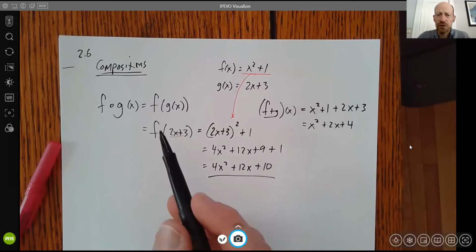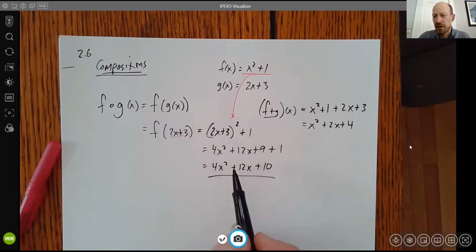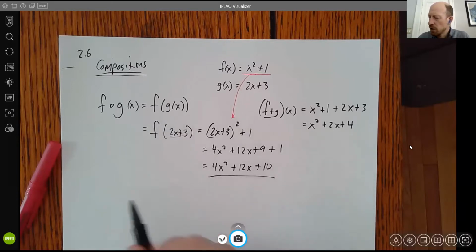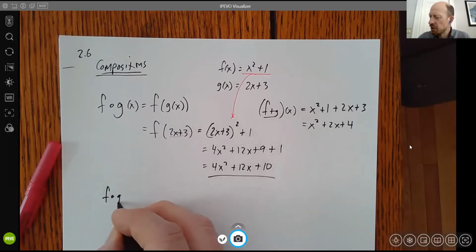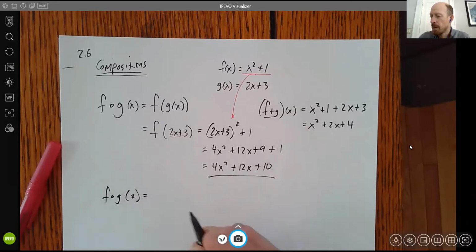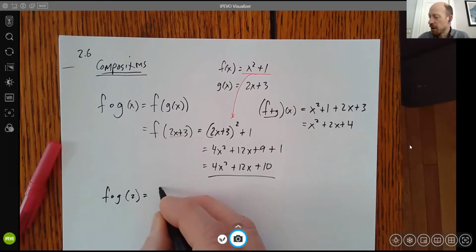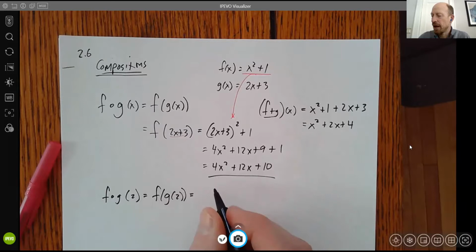Sometimes the questions will ask you for the formula, in which case they're looking for this value. But sometimes they might just say, what's f circle g of 2? Well, again, I would right away write that as f of g of 2. And I know the formula, it's right here.